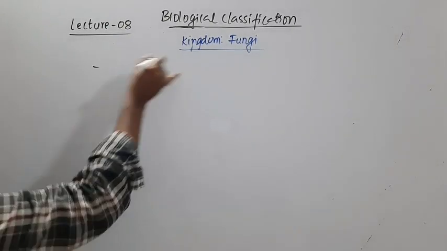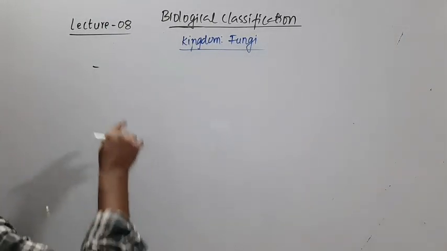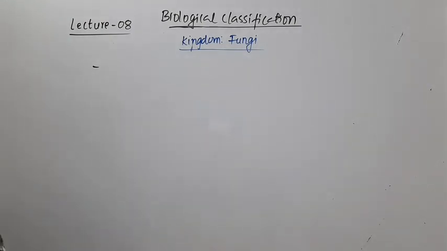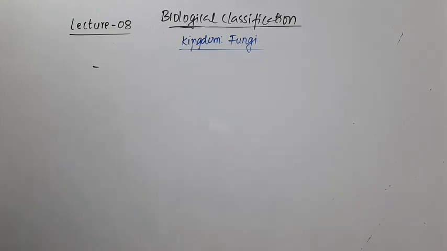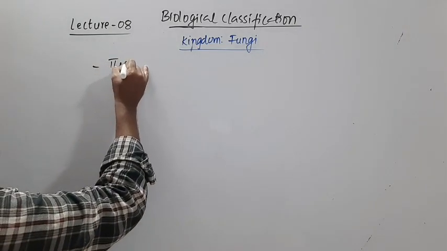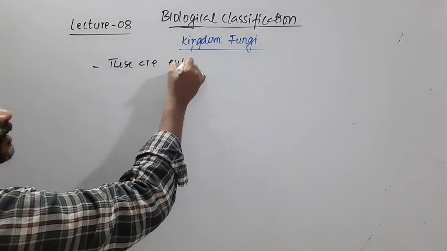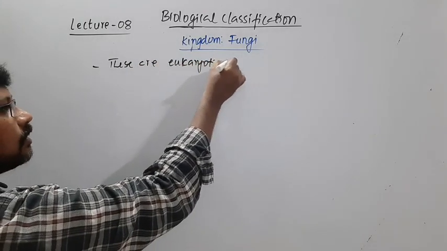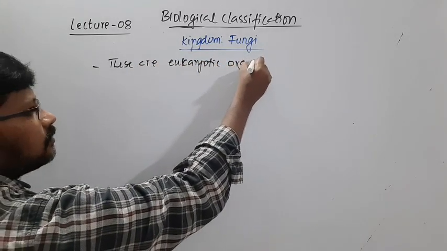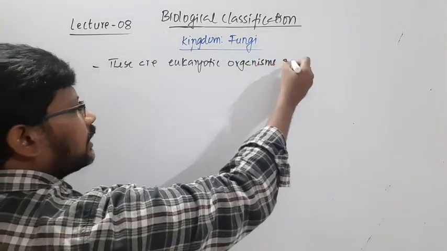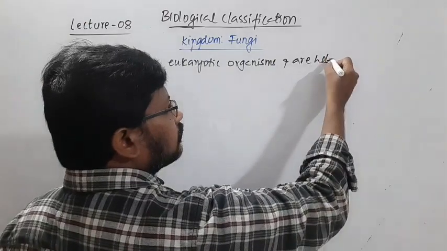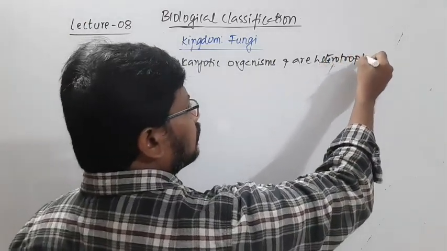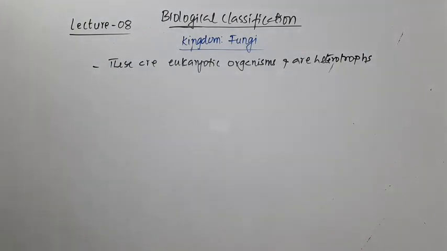All those organisms included under the kingdom Fungi are heterotrophic organisms. They don't synthesize their own food, they depend on others. We know these are eukaryotic organisms and heterotrophs.